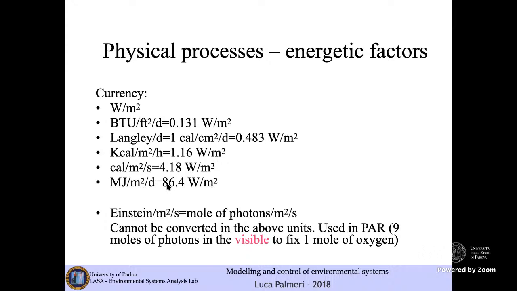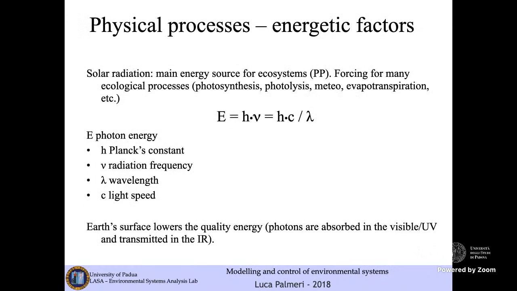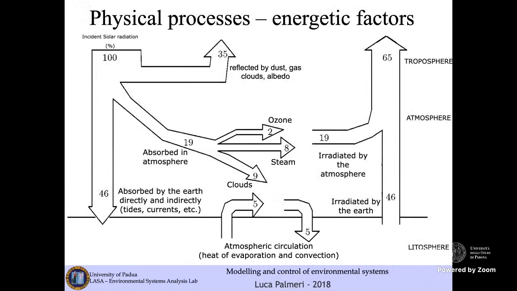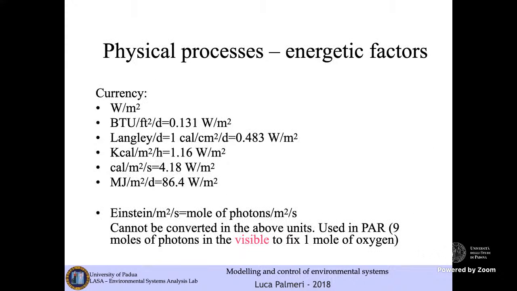Of course, we cannot convert this currency into the other currencies because here we are just saying that 1 Einstein is made up of 1 mole of photons without saying anything about the type, the characteristics of the photons. And you know that the energy transported by photons depends on the frequency of the light of the photons.